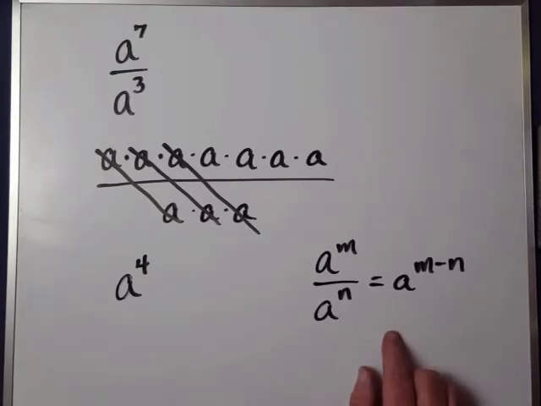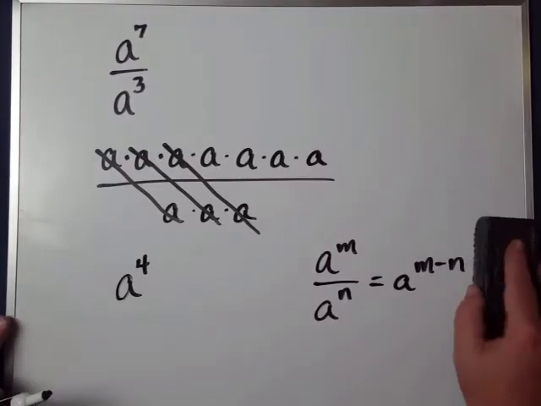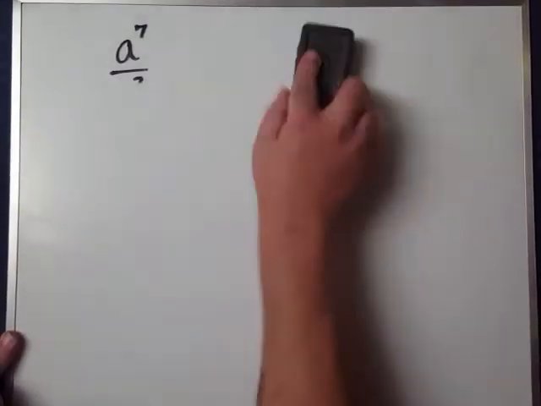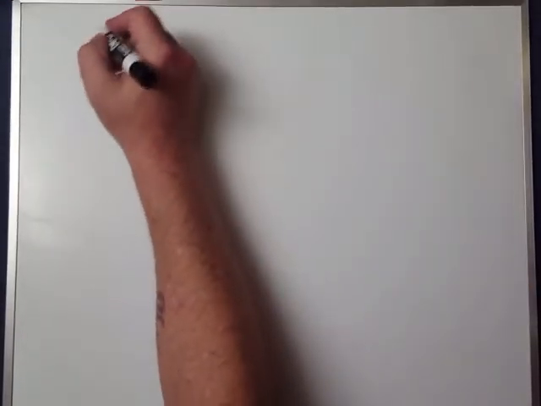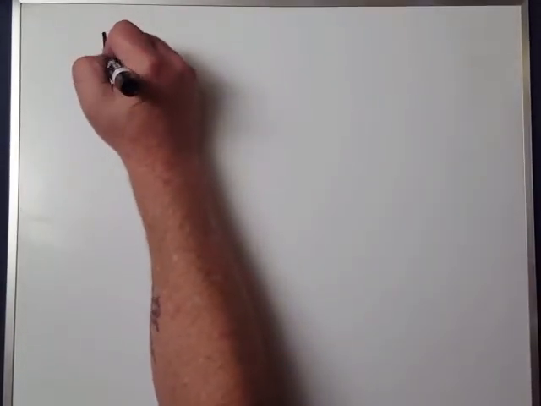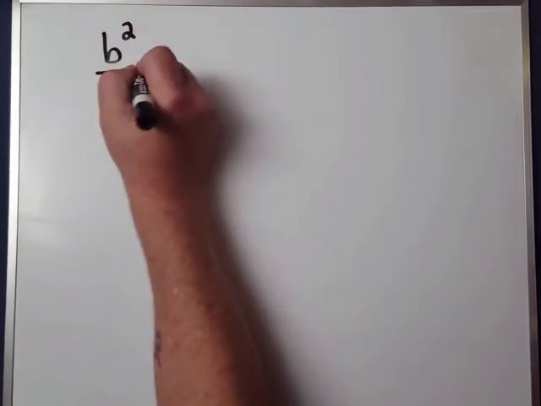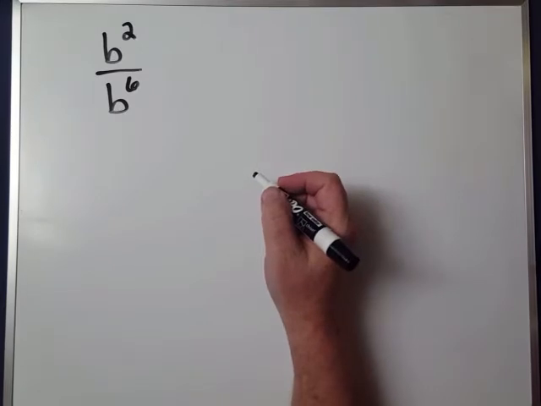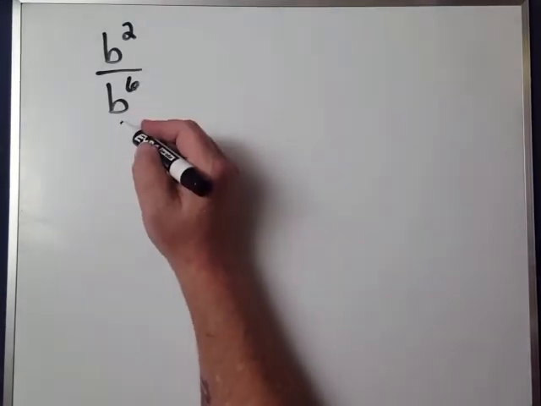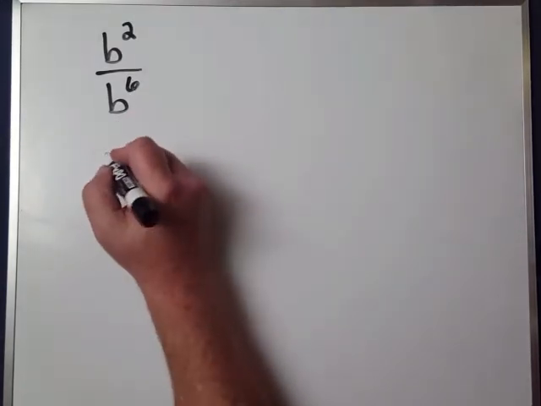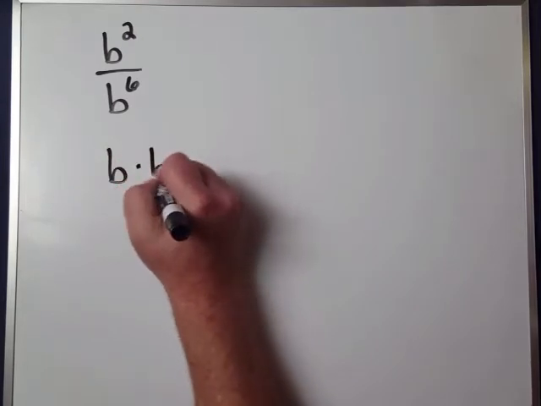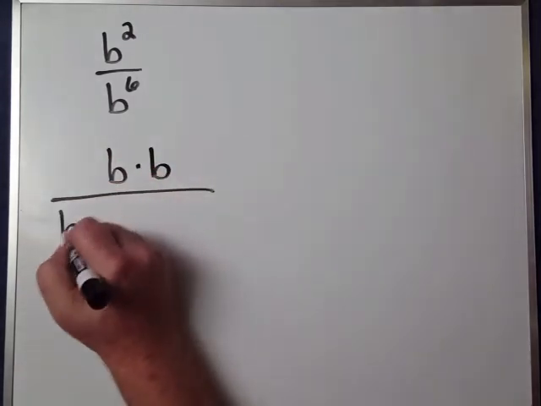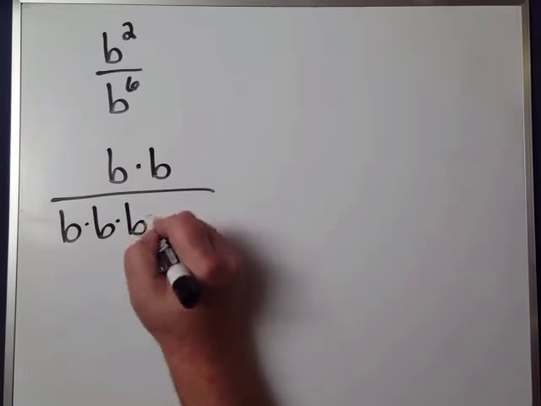But investigating this quotient rule a little further leads to some interesting things. What if I have something like b squared over b to the 6th? Now, if I were to work this the same way I worked the last one, that is, expand the top and the bottom, that's 2 factors of b over 6 factors of b.